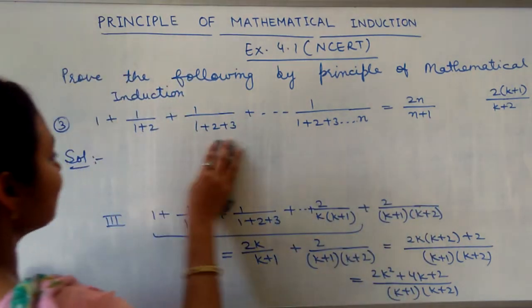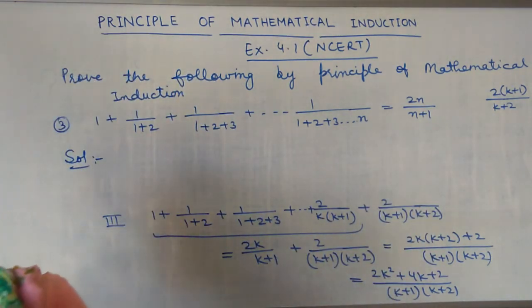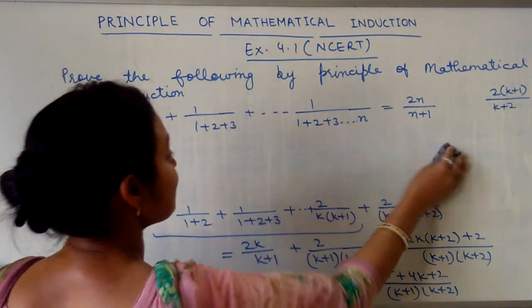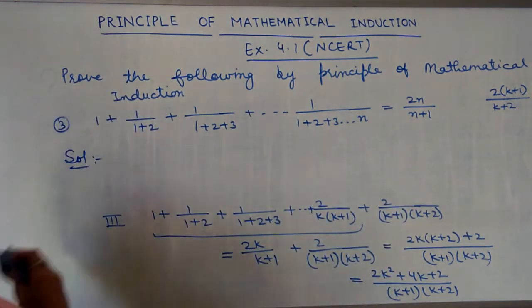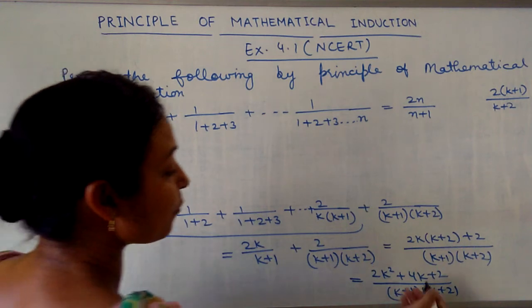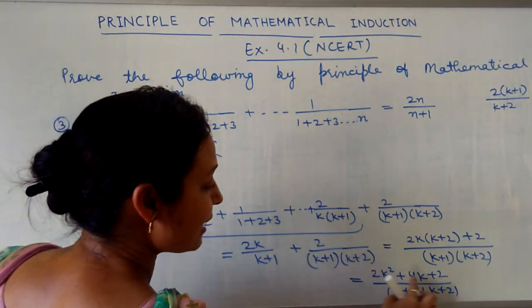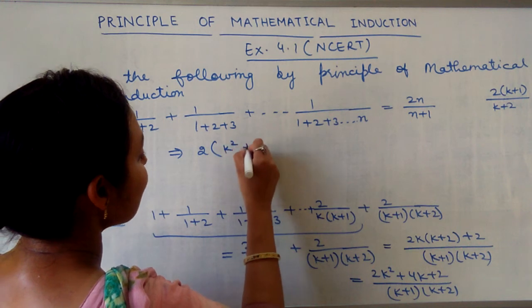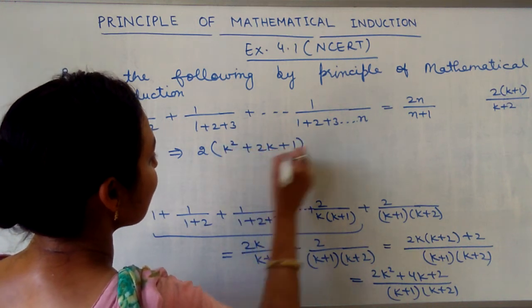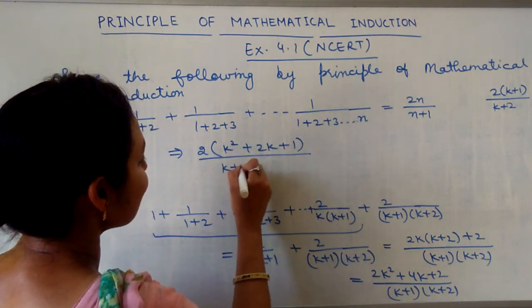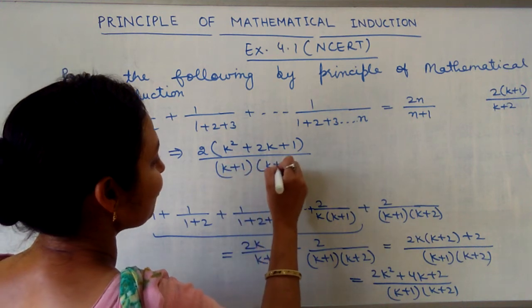So this is the next step. What should be done in the next step? Next step, you have to take 2 common. When you take 2 common, that will equal k square plus 2k plus 1 upon k plus 1 and k plus 2.